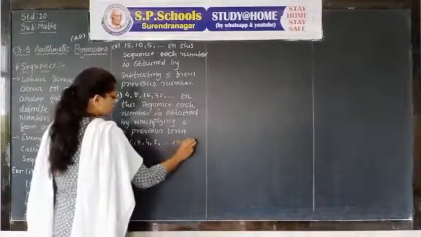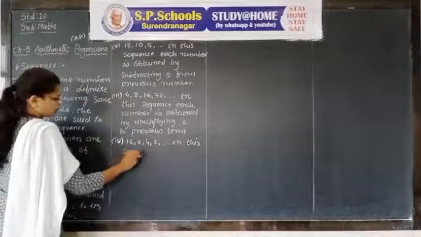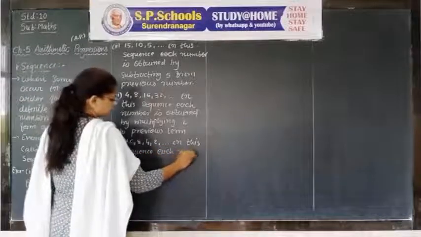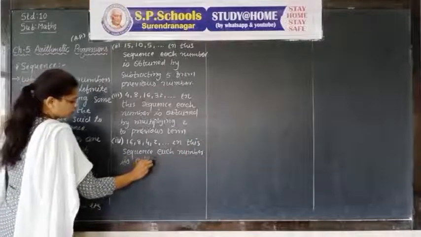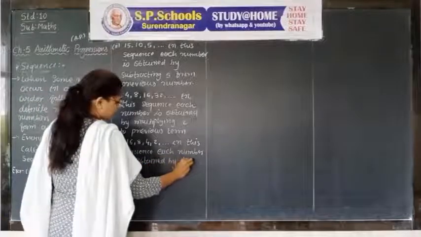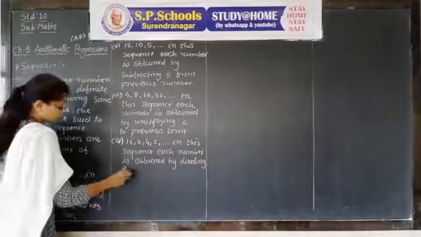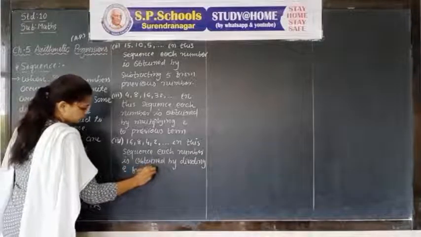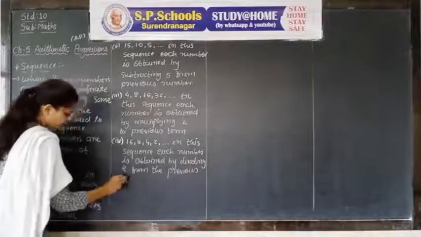In this sequence, each number is obtained by dividing the previous number by 2.